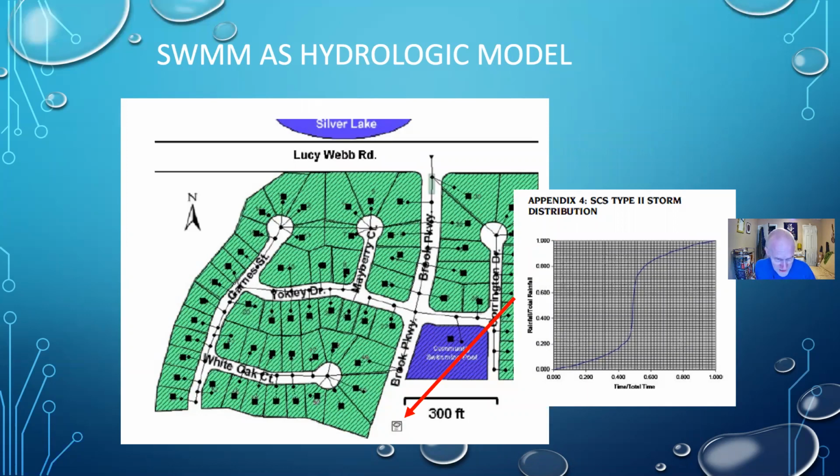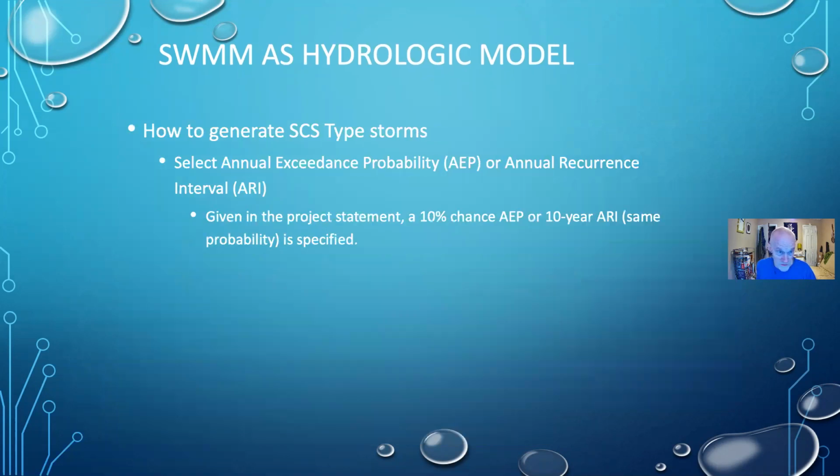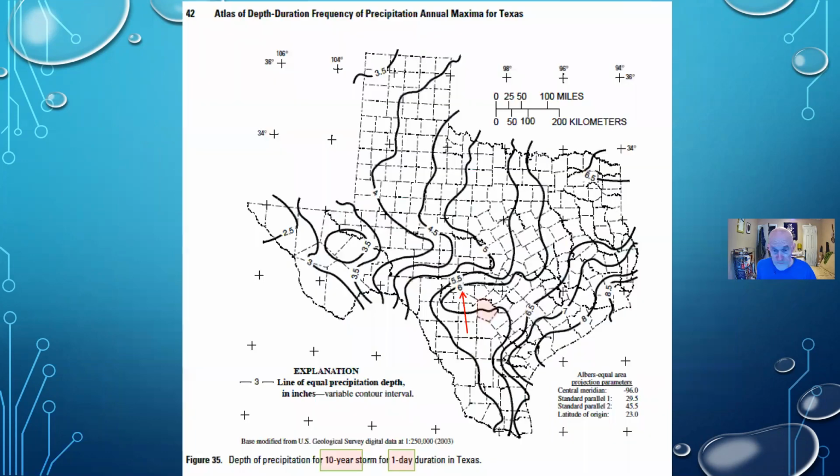So there's this small drainage area. I believe you all did something like this for contour maps, this very same watershed. We want to model the drainage behavior, and each of the little watersheds is shown, and the drainage network is shown. In this case, the goal was to do it by SCS. So it goes through generating an SCS storm.